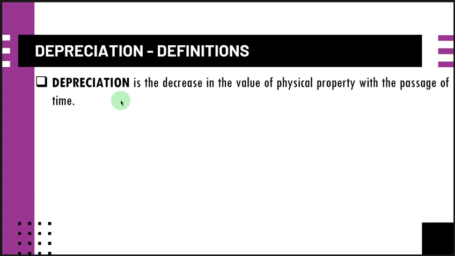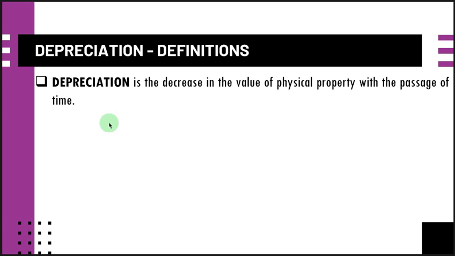And actually, depreciation consists in amortizing this prepayment over the period of use of the asset. Examples are some machines, some equipment, but we just take this simple definition, as this decrease in the value of a physical property with the passage of time as our depreciation.